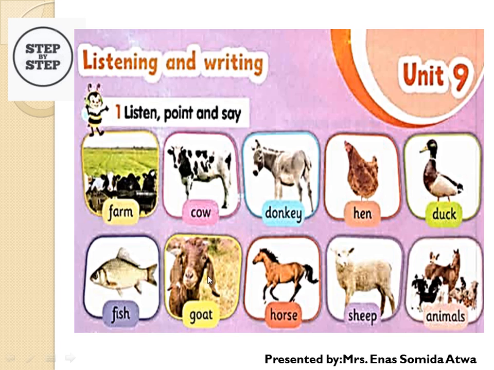Goat معزة يعني. Horse حصان. Sheep خروف. Animals كل دي ايه يا ولاد؟ Animals حيوانات.